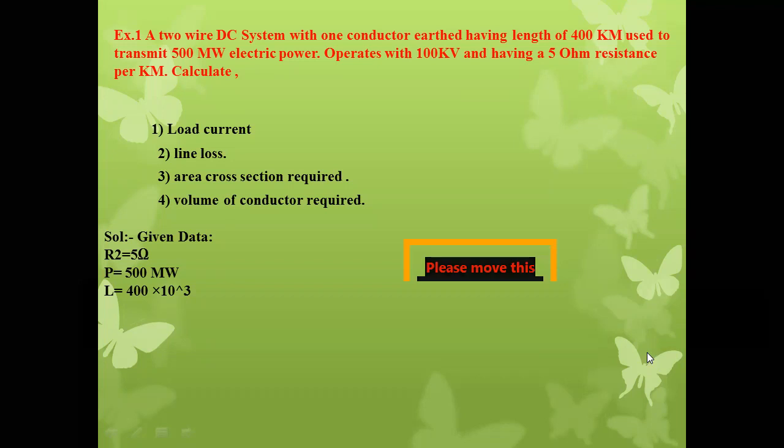So tell me, anyone, the formula for the area cross section in terms of power to be transmitted, length of conductors or the line loss, and terminal voltage. Tell me the formula for this one. Roll number 15, tell me. Mute yourself and tell me what is the formula for the area cross section for the two wire DC system with one conductor earth.